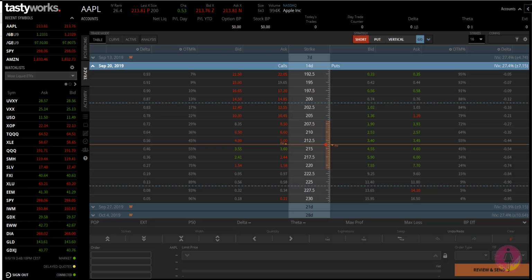Now the difference between the bid and the ask is important, because the bigger the difference there is, the less liquid an option is. So you can also see that here you've got 210, 212.50, so there's 2.50 difference.